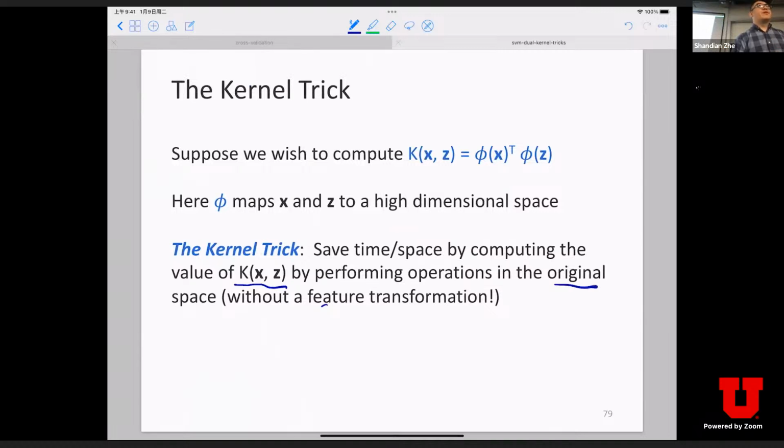Then the question will be, can we just find a function of two vectors, calculate that, and claim we are applying the kernel trick? Can we do that?